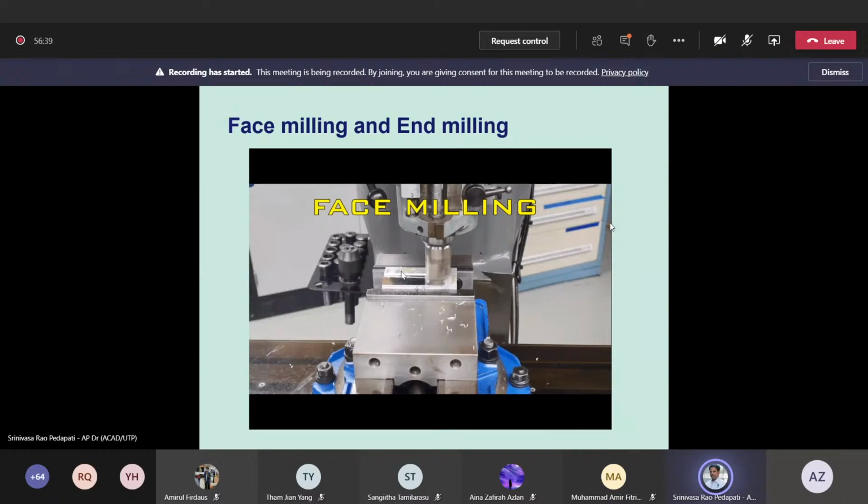So the depth of cut, you can see from the figure, is this much.